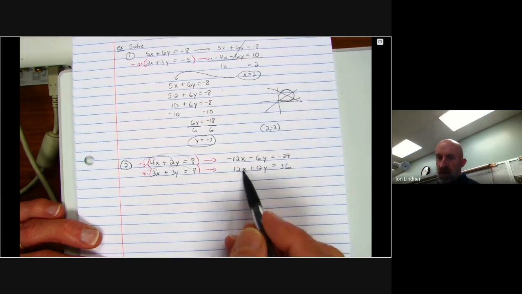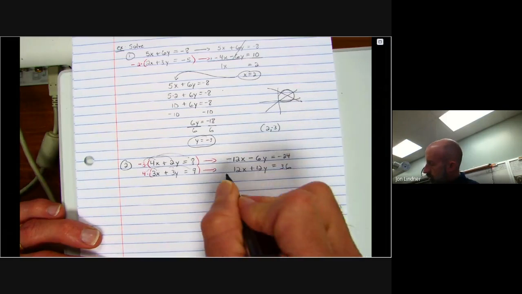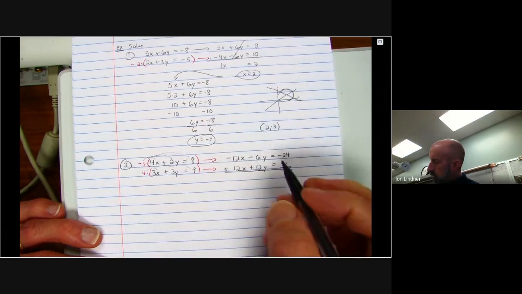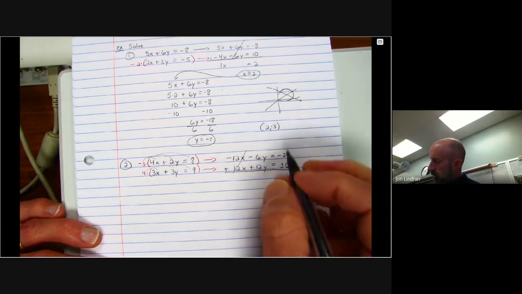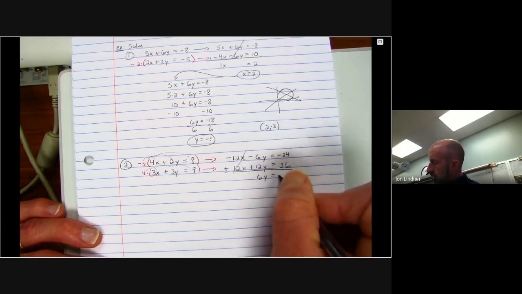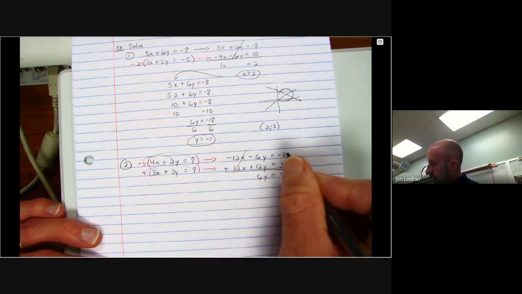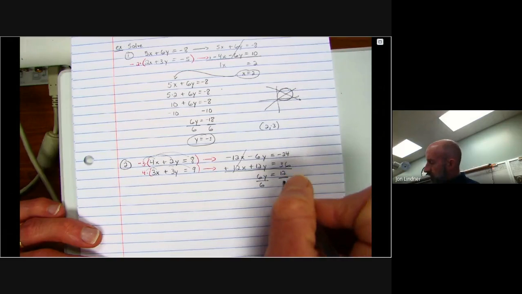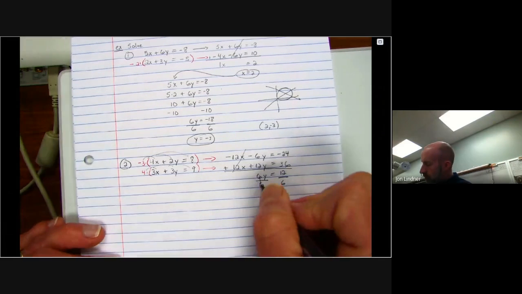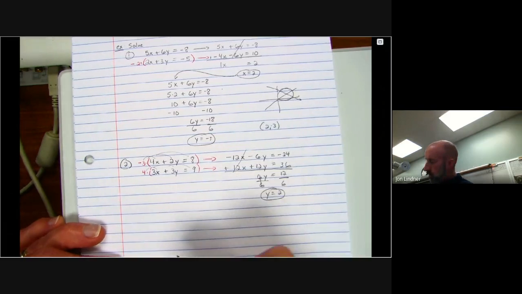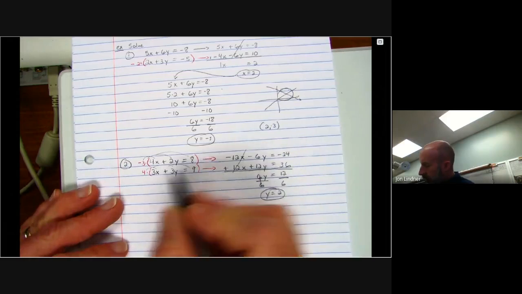And now I have my opposites right here with the x's, so that I can add these two equations and follow the same process. The x's disappear. -6 plus 12 is 6y equals 12. -24 plus 36 is 12. Divide both sides by 6, and I have my y coordinate of my solution, and I plug it back in.